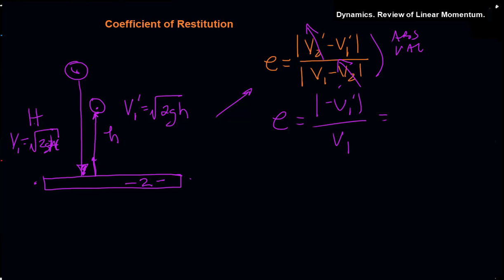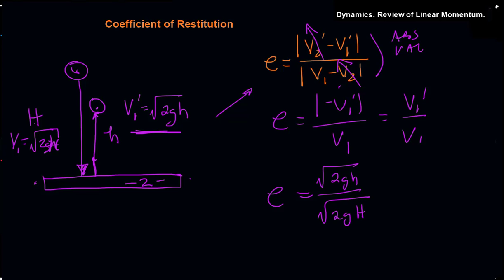So we get v1 prime over v1, which will be, if we plug in our velocity equation, the square root of 2g little h over the square root of 2g capital H, in which case the square root of 2g can drop out, and we get the square root of h over H. So the coefficient of restitution is fairly easy to calculate.